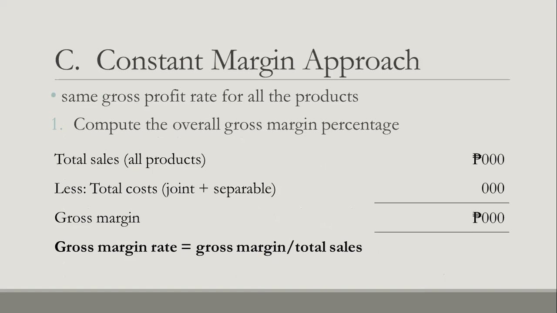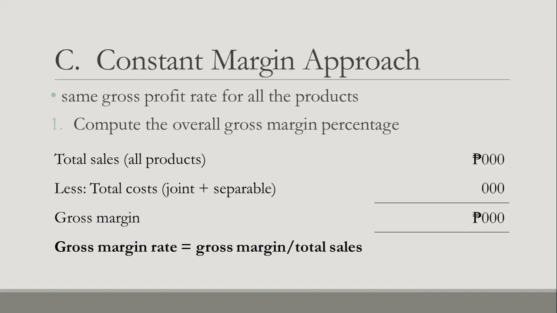So what you have to do first is to compute the overall gross margin percentage. You get your total sales for all products less your total costs, your joint plus your separable costs, then the difference would be your gross margin. Again, the computation for gross margin rate is your gross margin divided by your total sales.